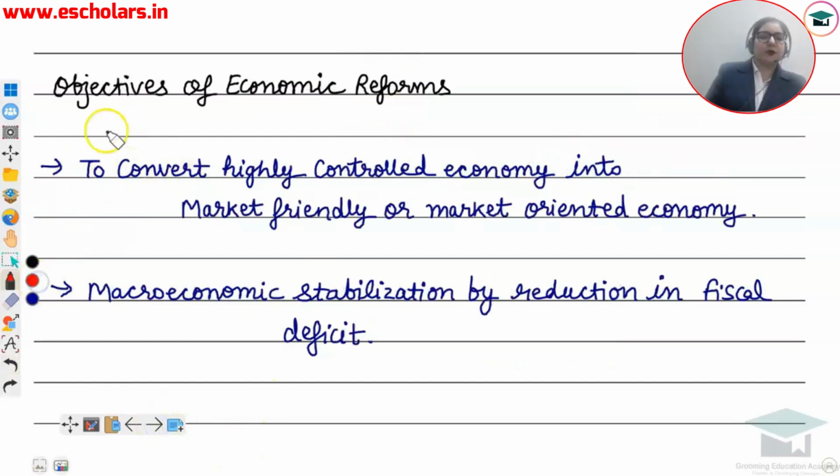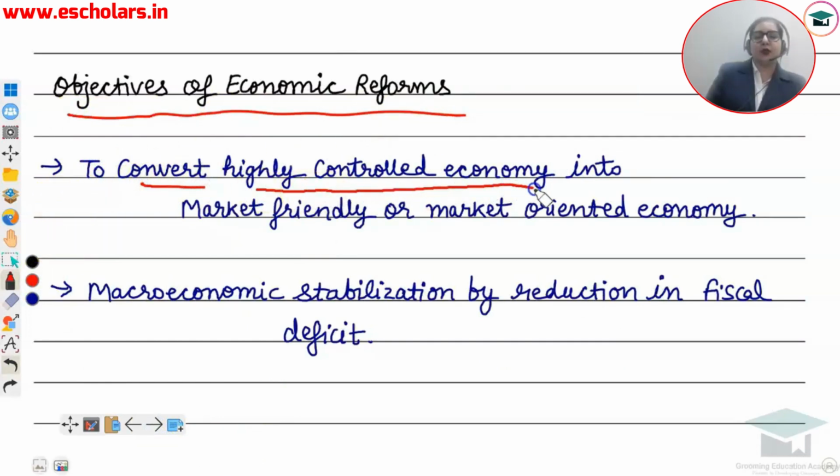Now students, we will talk about the objectives of economic reforms. So the objective of economic reforms was to convert a highly controlled economy, that is a socialistic economy, into a market friendly or market oriented economy.